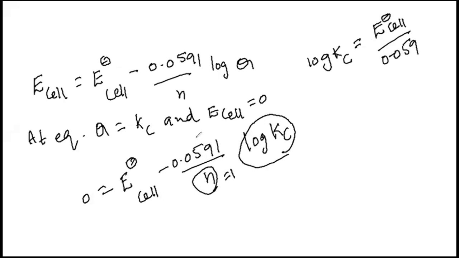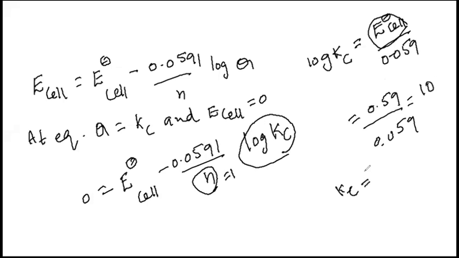One electron only, given in the problem. Then E naught cell value is how much? That is 0.59 by 0.059, which is equal to 10 we can take. Then log Kc is equal to 10.